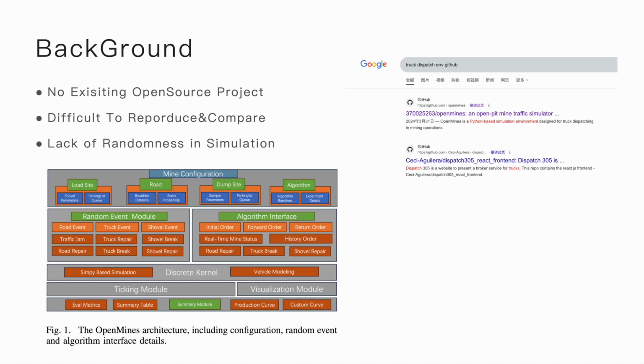There are many random events, like the truck can break down and need to be repaired, the shovel is not sustainable as well, and the road has problems. All this randomness is very important and crucial for performance. So that's why I developed OpenMines, a completely open source project built for truck dispatching algorithms.